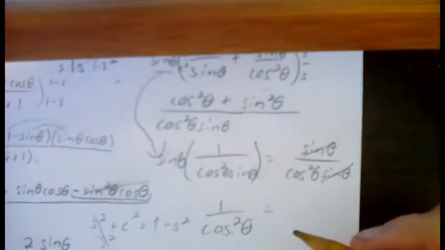So you'll get sine over cosine squared sine, and these two sines cancel out. So your answer, the inverse of 1 over cosine squared, or the inverse of cosine is secant. So your answer is secant squared.